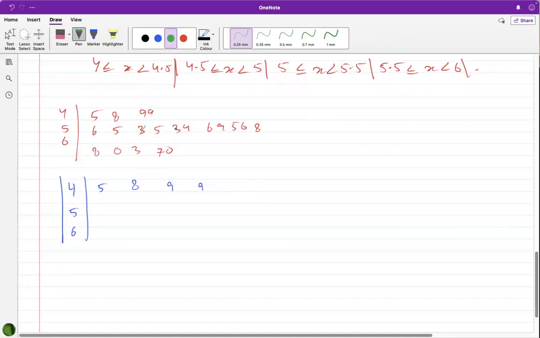So the lowest number is 3, which appears 2 times. Then I have 4. Then I have 5, 5, and 5. So 6 is 1, 2, 3 times. 6, 6, and 6. There's no 7. There's 1, 8.